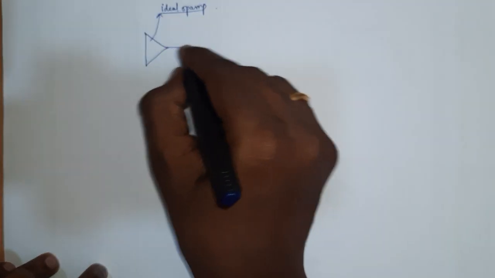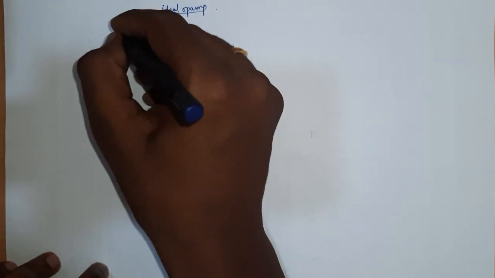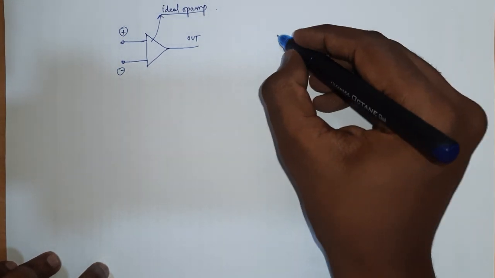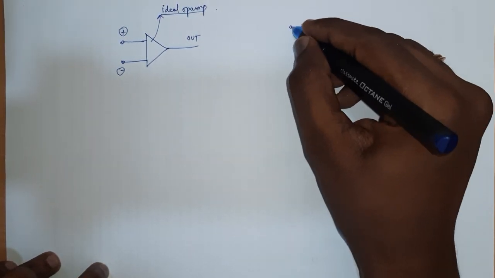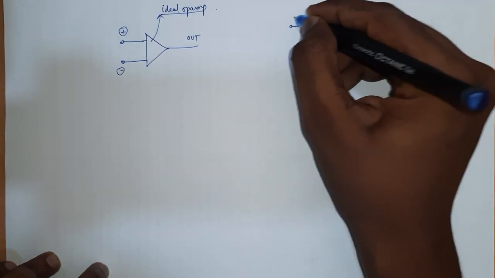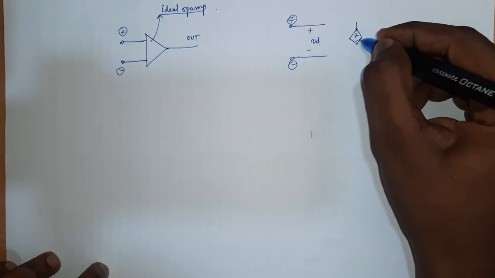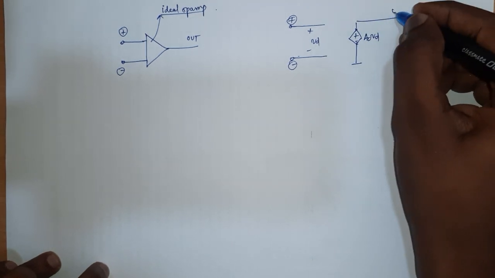Okay, and I have an out node and I have the plus terminal and the minus terminal. Okay, and this is exactly same as having a situation, like a voltage control voltage source, where this is VD, this is plus and this is minus, and I have A0 times VD and this is out.